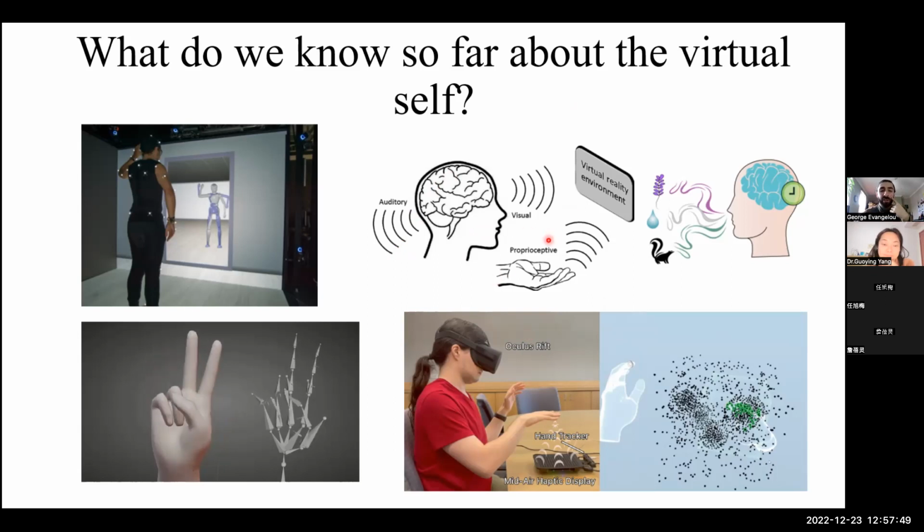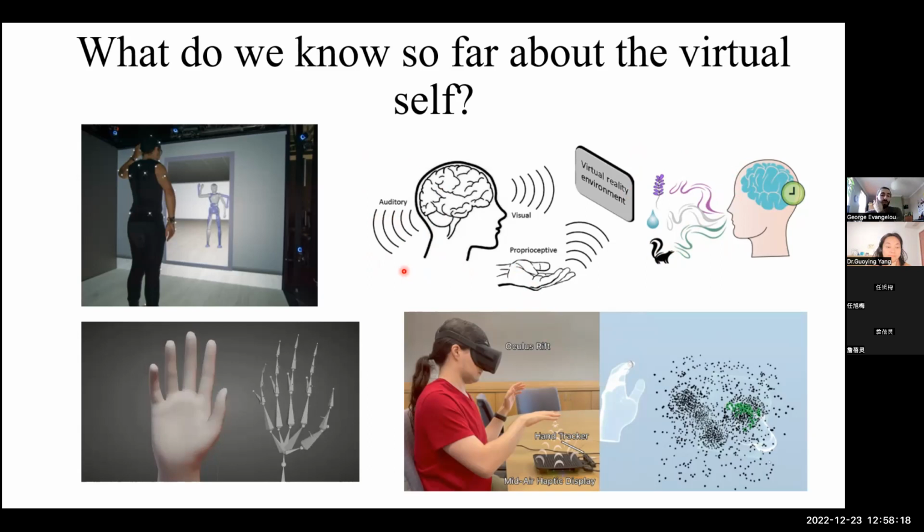But of course, there are many other senses to consider, such as smell that we normally get from the physical world as well, and also touch feedback in general, and auditory as well. And we know that these can affect it. There have been some studies that looked at smell, but usually a modified kind of smell, which can affect sense of agency and ownership, and then auditory signals as well.